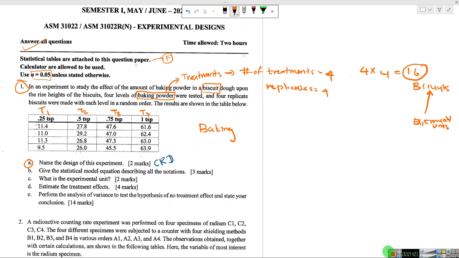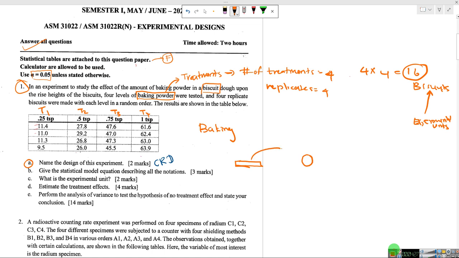Now what will happen to the dough if you use baking powder? While cooking, it will rise, right? So the biscuit will rise, and we are measuring the height. Let's say we have taken a small handful of dough and kneaded it to make a biscuit.